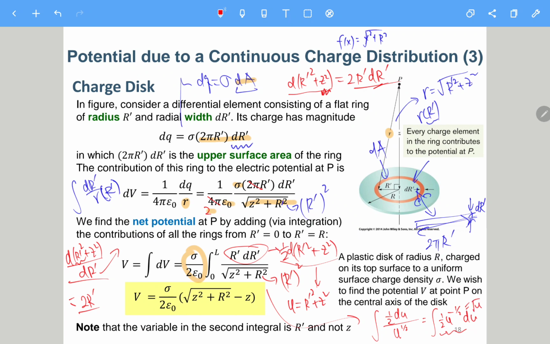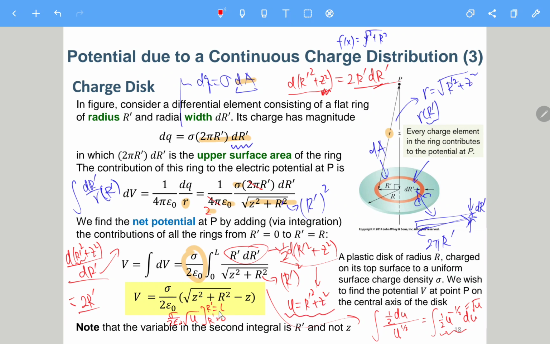So you can see here, we will have the square root of u evaluated from r prime equals 0 to r prime equals L, of course multiplied by sigma over 2 epsilon naught. Here we should have u to be this one.